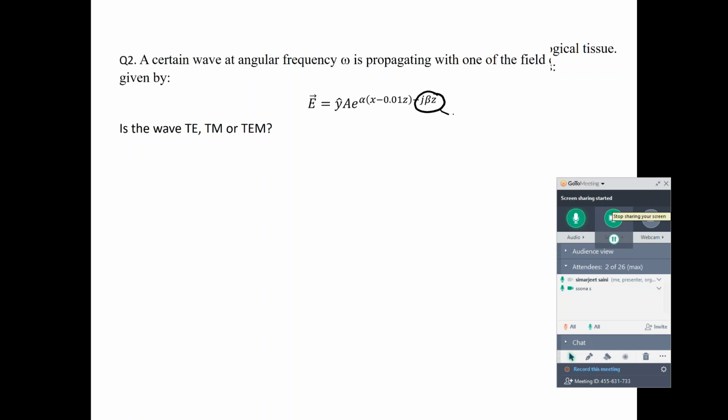So this part is telling you the propagation. This part here is saying that as the wave is going forward in z, it is losing some of its energy. This is an amplitude variation in z, the same direction of propagation. This part is your attenuation.